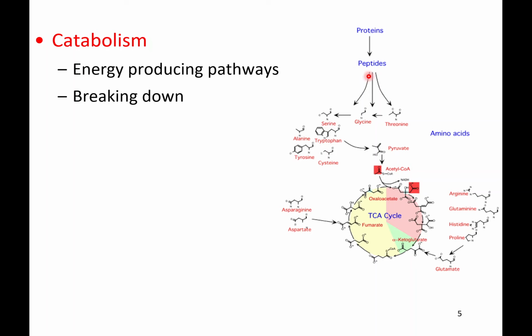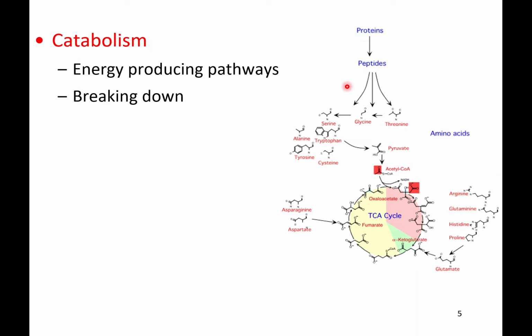You're breaking them down into peptides and then into the individual amino acids. Those amino acids can then be broken down further into things like pyruvate, which then gets turned into acetyl CoA and gets fed into the citric acid cycle, which makes energy. Okay. So catabolism is energy producing.